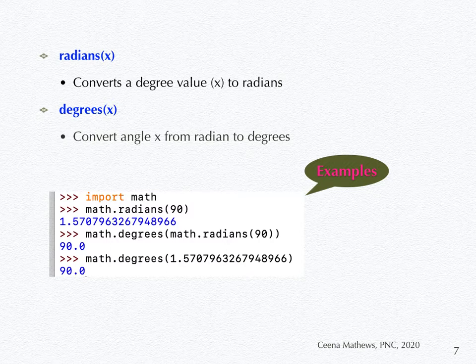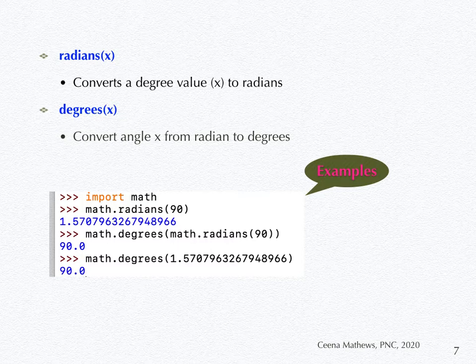Next is radians. It converts a degree value to radians. Example is given: math.radians of 90 degrees will give its corresponding radian value. And the next function is degrees. Degrees will convert the angle x from radians to degrees. This has been done in two ways.